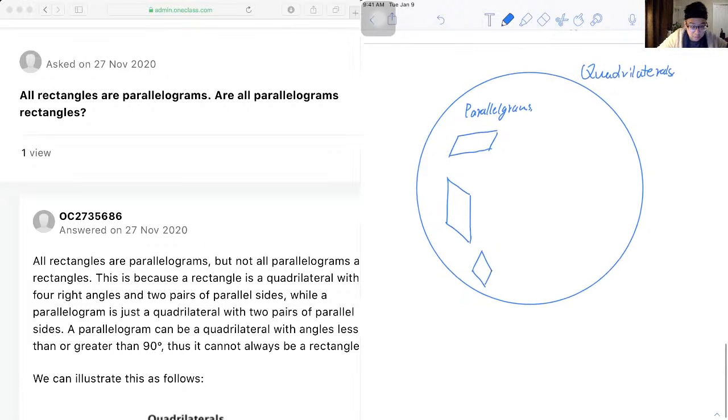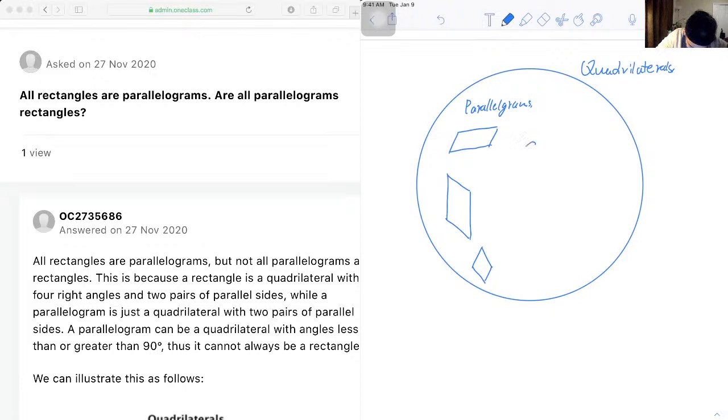So those are all parallelograms. And inside parallelograms, there are rectangles. So rectangles just look something like this, and that's a 90 degrees angle.